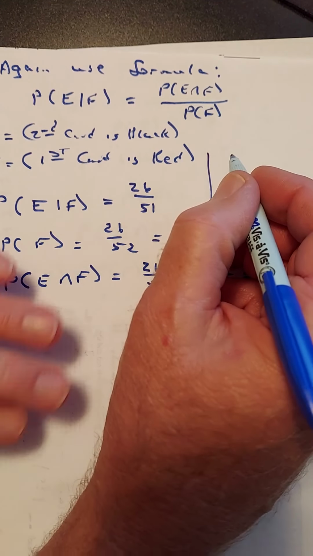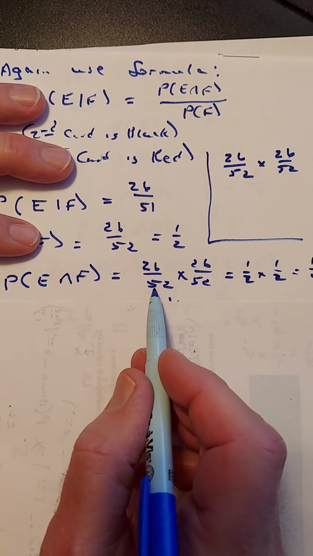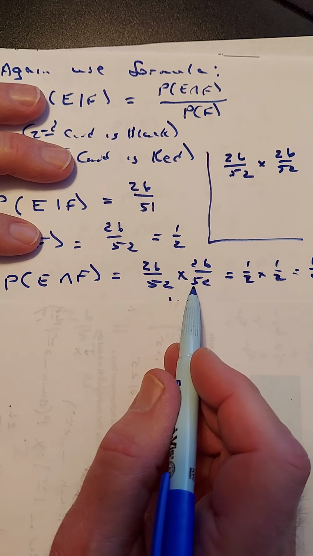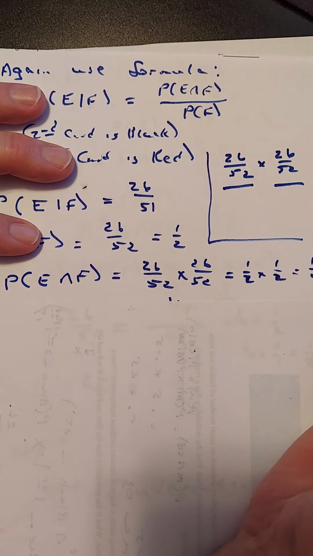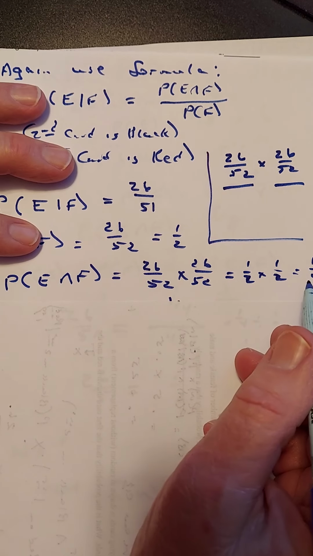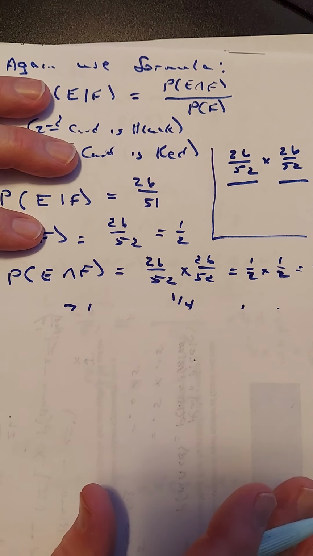Okay, now this has nothing to do with what came first or anything, but that's 26 out of 52 also. So that's what I have down here, 26 over 52 times 26 over 52. I put this up here because I was going to show you the blanks. We did that back in chapter 5. So it's 1/2 times 1/2, which is 1/4.